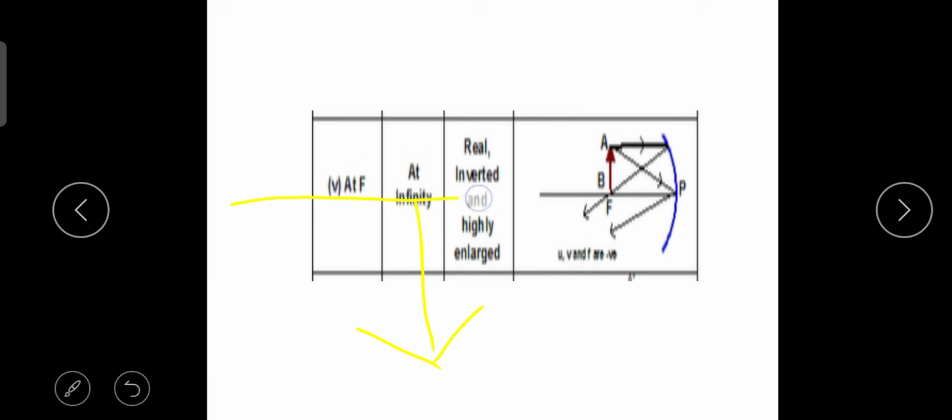If the principal focus is like this and the principal axis is going like this, the intersection will take place at this point, and the image formed will be a very big, highly enlarged image, and it will be inverted in nature. So the image is formed at infinity. This is what happens if we place an object at the principal focus.